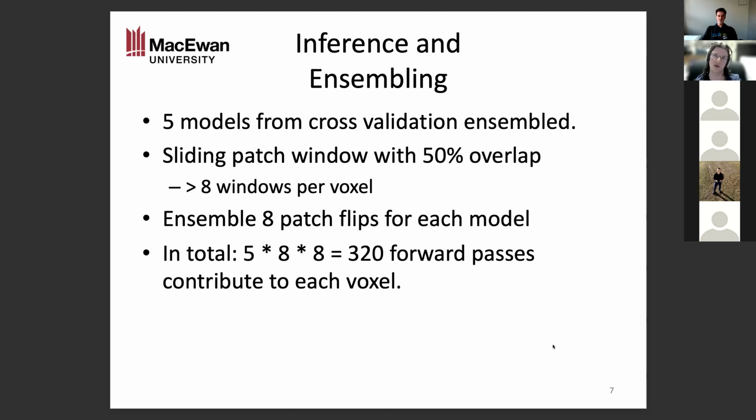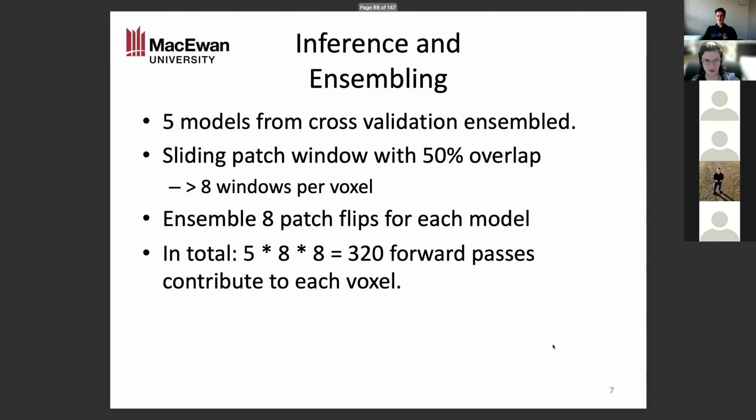And then we also do 8 flips per model. For every single model, we flip the patch 8 different ways, pass it through, and then unflip them and ensemble them together. This gave 320 forward passes when you combine the 5 models, 8 windows, and 8 flips. I think it took an hour to run our models.